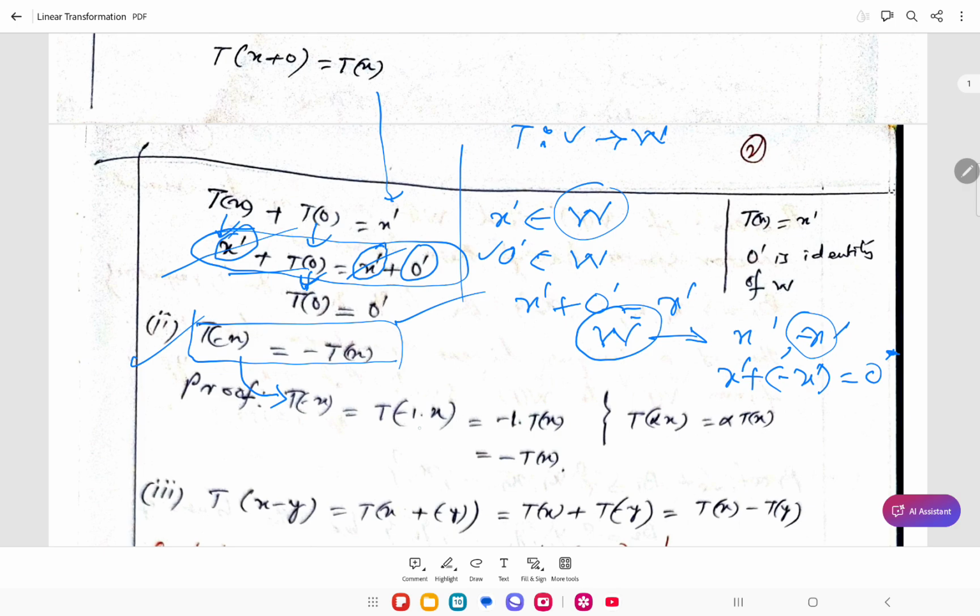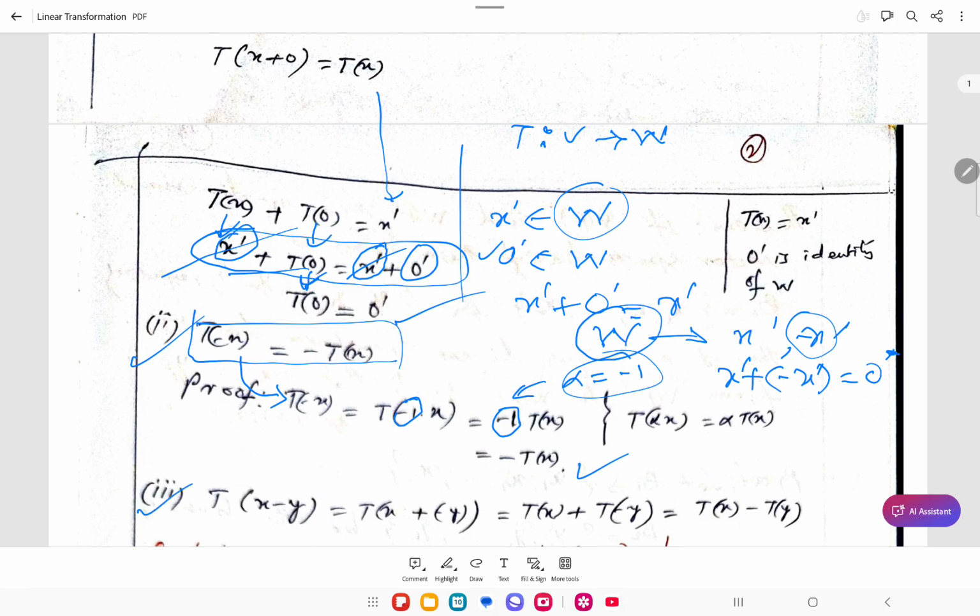T of minus x can be written as T of minus 1 into x, and minus 1 is a scalar quantity, so the scalar quantity we can take out of T, because it is a scalar quantity. In fact, here minus 1 came in the place of alpha, so we took it out of T. And minus 1 times 1 times Tx, so it is simply minus Tx. So this second property is proved.